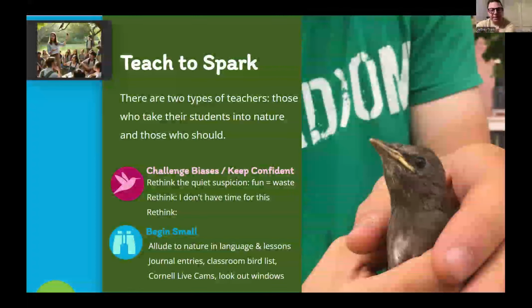And so anytime I step outside, if I do feel on the back of my neck like, oh, what are people thinking of this? I remind myself that's okay. In many ways, it's just my thoughts about it. No one has ever actually said anything to me. Embrace that idea. Believe that by taking your students outside, you are doing something worthwhile.